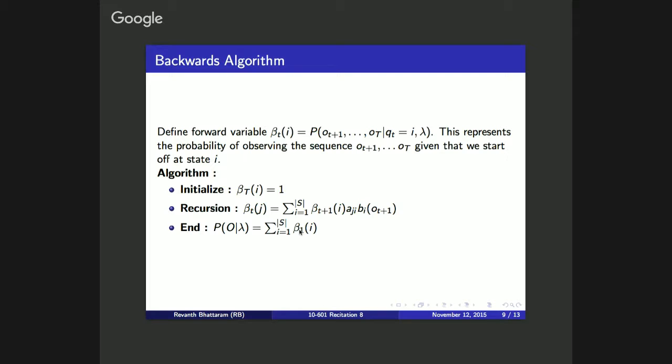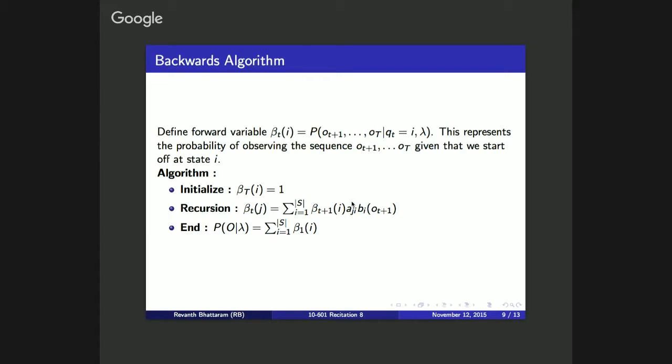Yeah, I think you're right. There has to be a pi. I think we have to go maybe one step further, because beta 1 of I over here is the probability that I start in this state and observe OT plus 1 from O2 onwards. So it's probably going to be something like beta 0 of I, or if I do have beta 1 of I, I would probably have to multiply the first observation probability and the starting state probability.